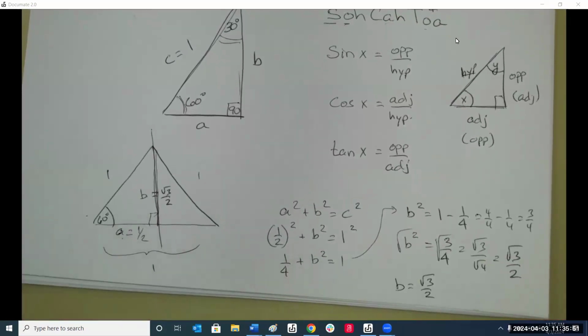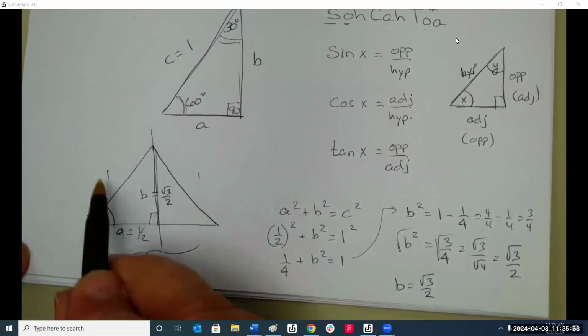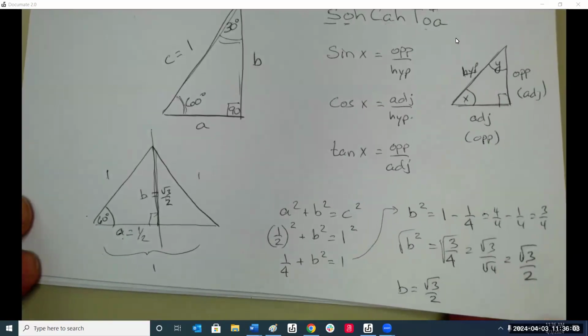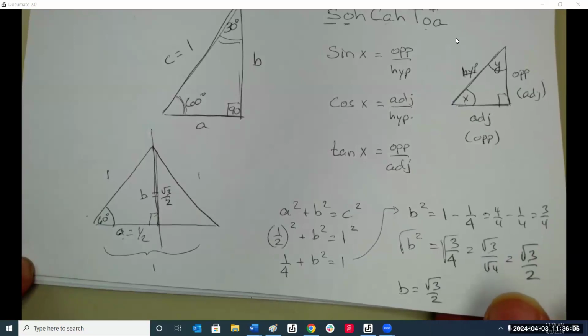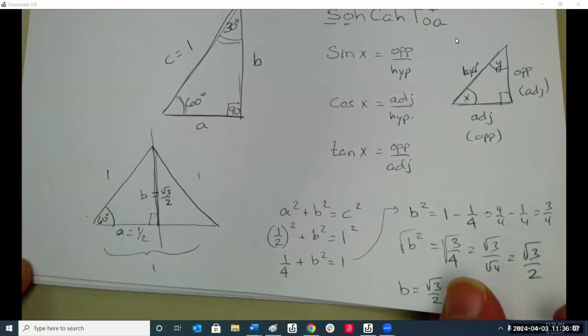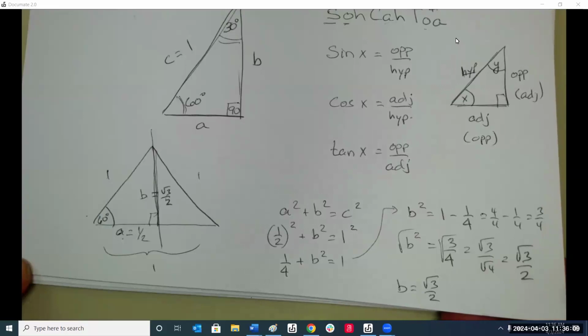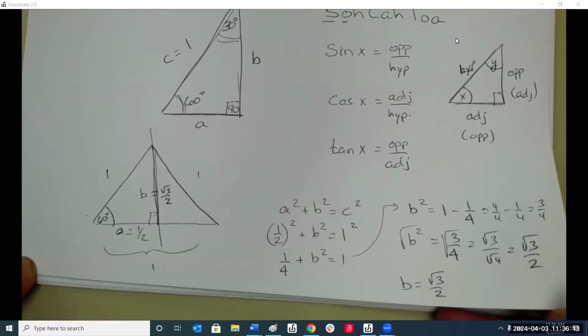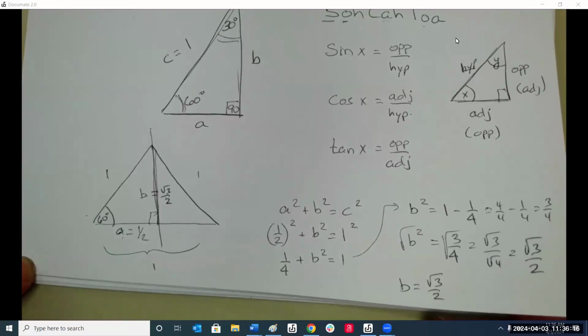So now, at 60 degrees, once we know what these sides are, we can do the trigonometric identities at 60 degrees. So find the sine and cosine of 60 degrees.